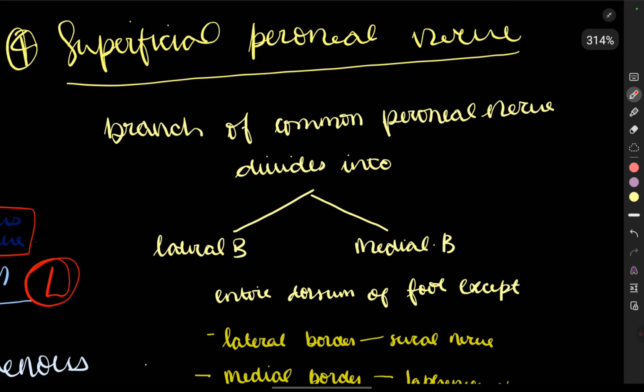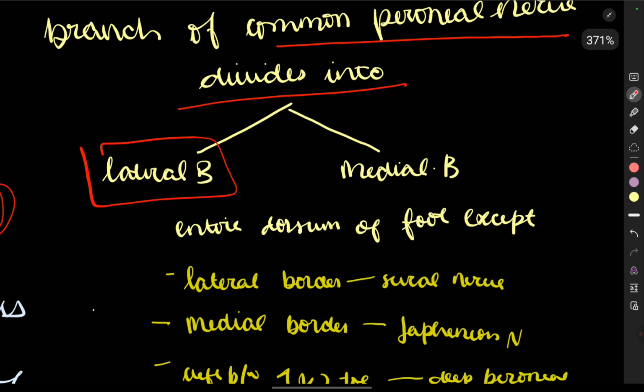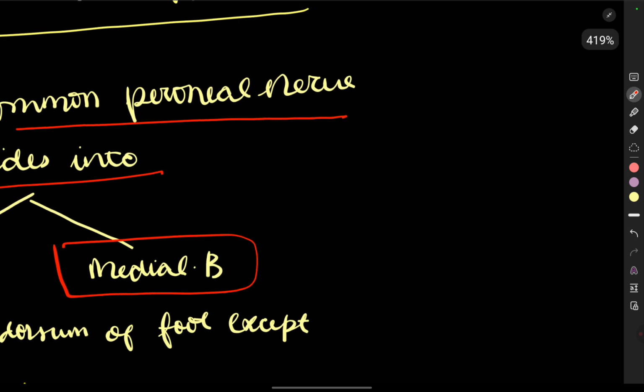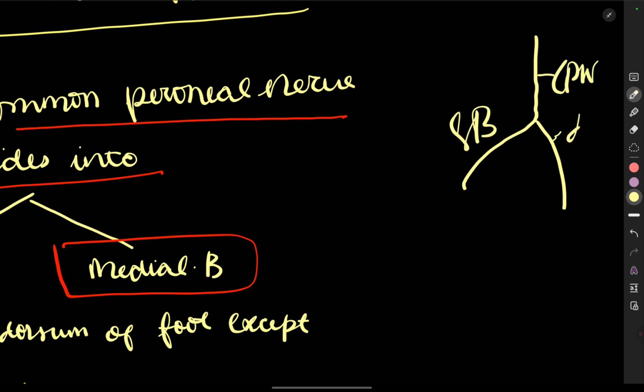Now the superficial peroneal nerve. It is a branch of the common peroneal nerve. The common peroneal nerve divides into the superficial peroneal nerve and the deep peroneal nerve.